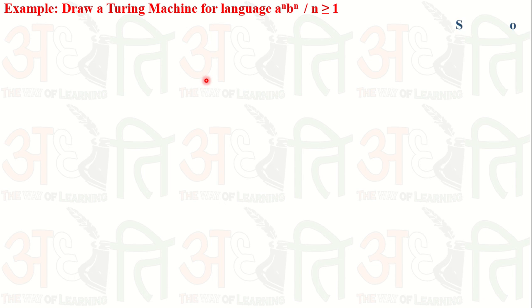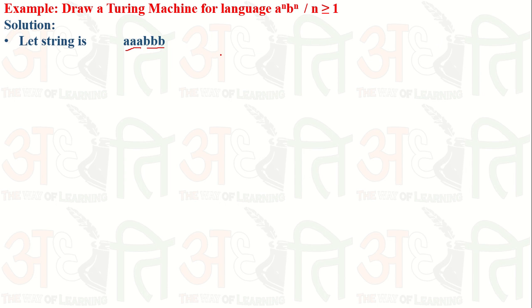The size of the tape is infinite. We are going to design the Turing machine for a to the power n, b to the power n. It means the number of a's and the number of b's are equal. We will discuss a string where the number of a's is 3 and the number of b's is 3, so n is 3 here.